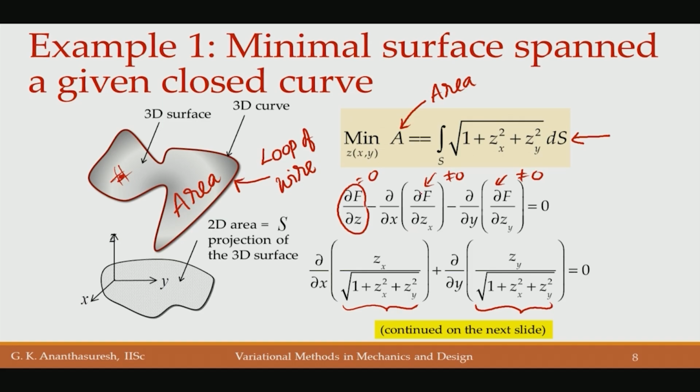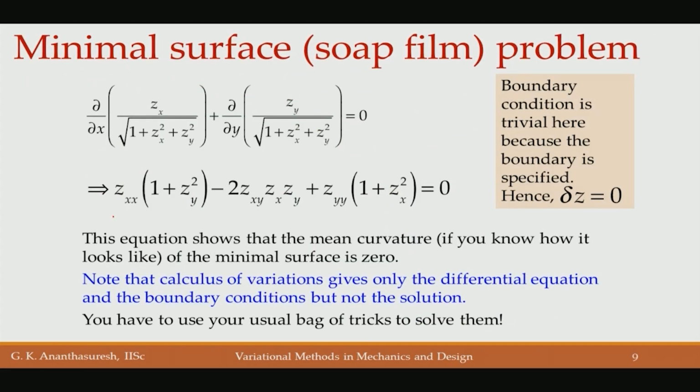So, this is dou by dou x over there and dou by dou y, what is inside is right there. If you continue the differentiation, you get an expression that looks like this. This expression basically defines that minimal surface, or the surface formed by soap films.